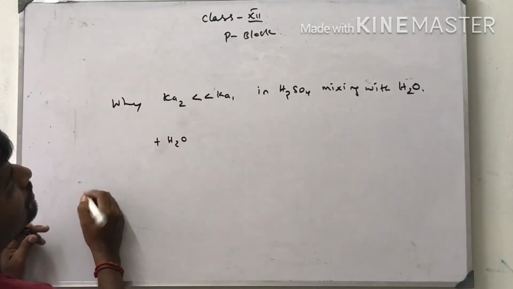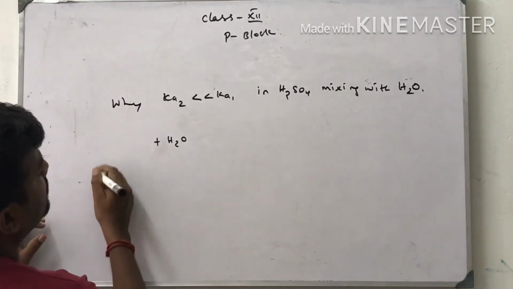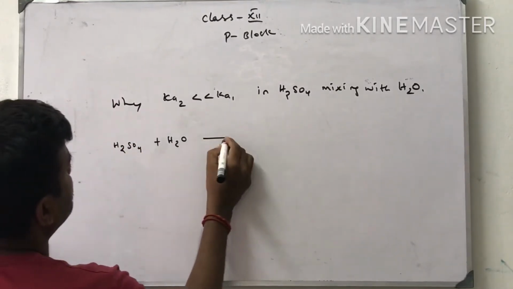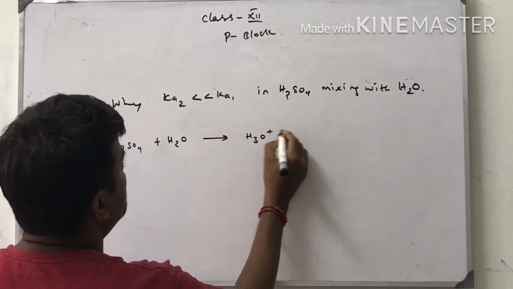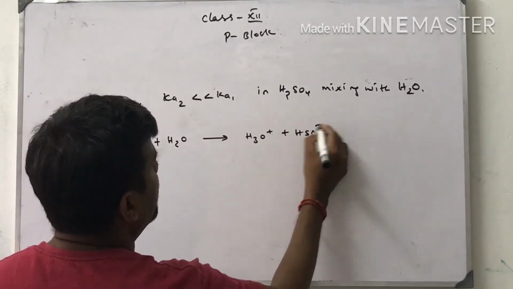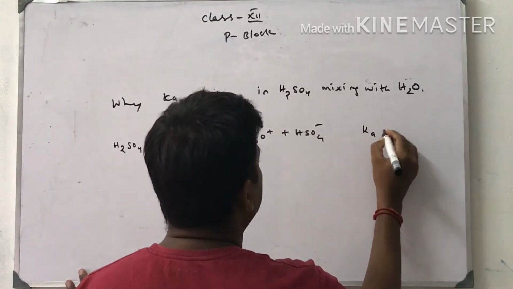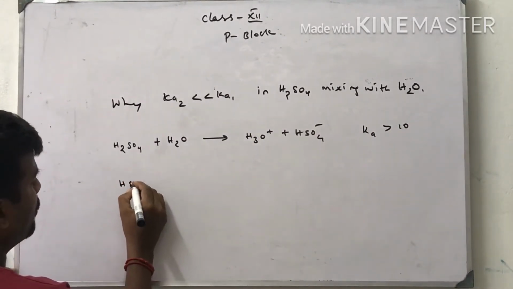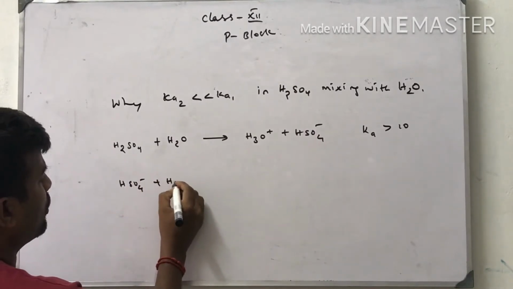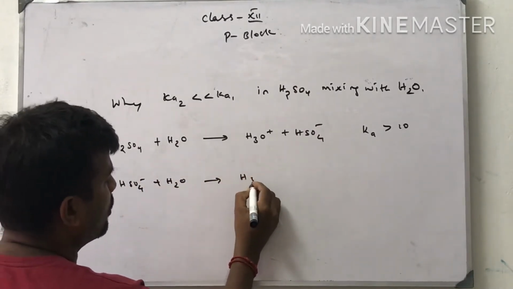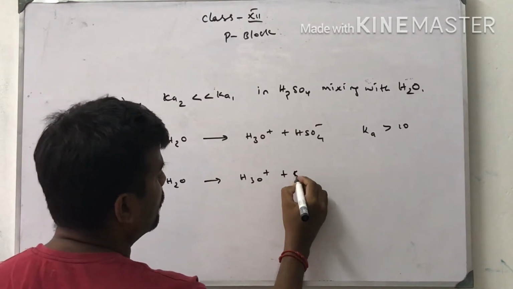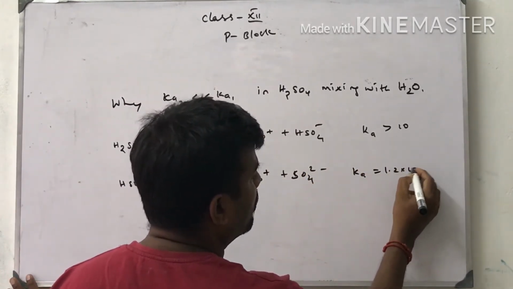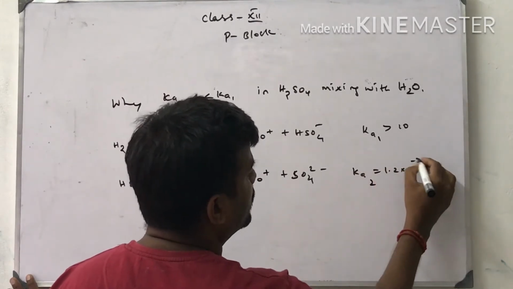H2SO4 gives H3O plus and HSO4 minus. In this way, the Ka value is greater than 10. HSO4 minus plus H2O gives H3O plus and SO4 2 minus. In this, the K value is 1.2 into 10 to the power minus 2.